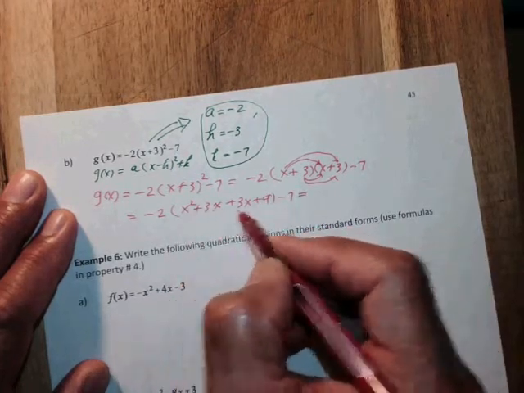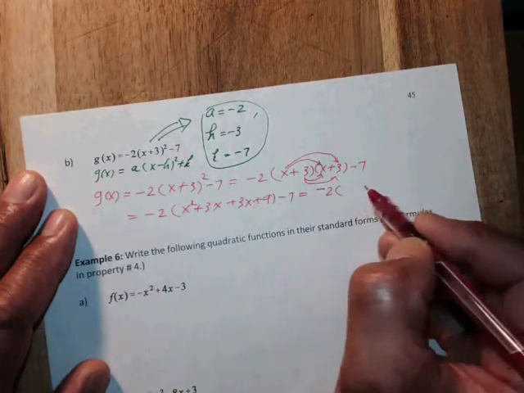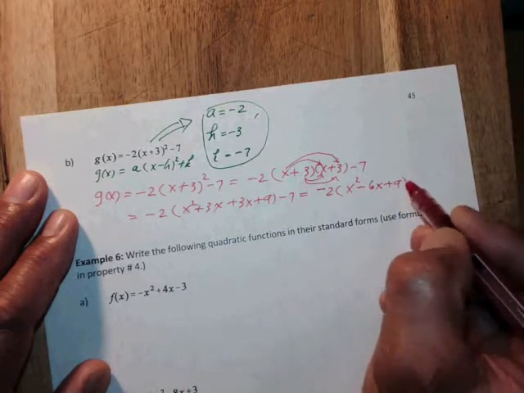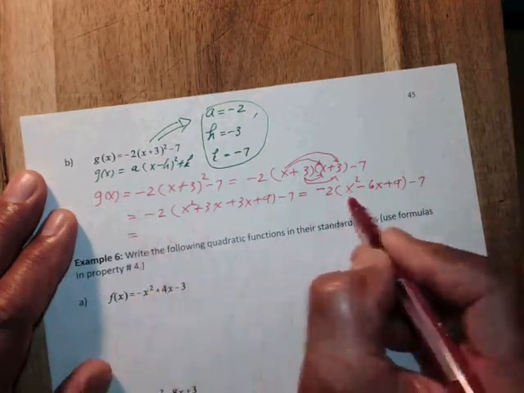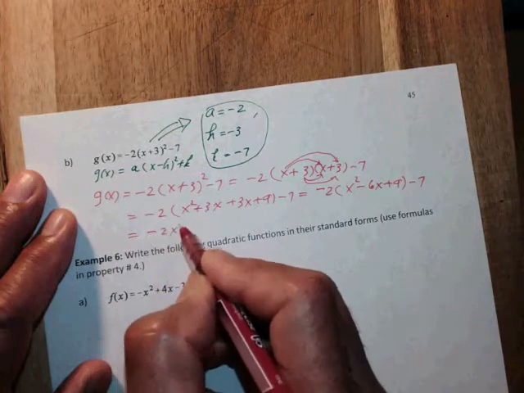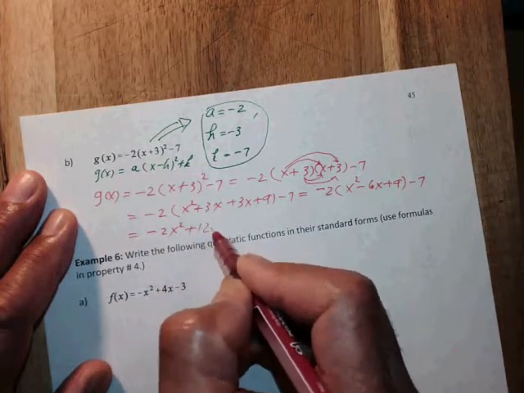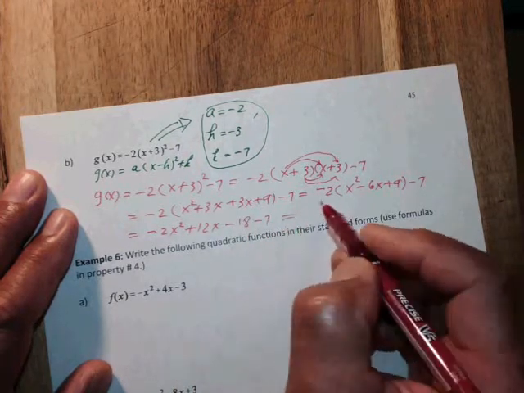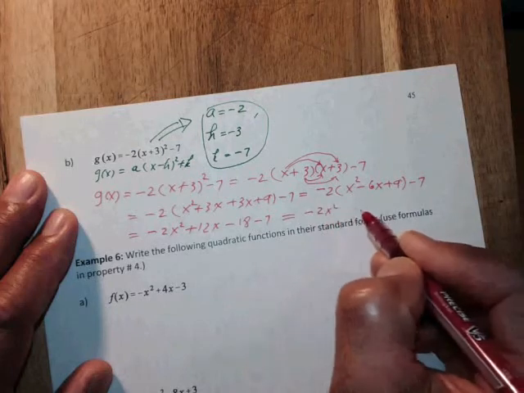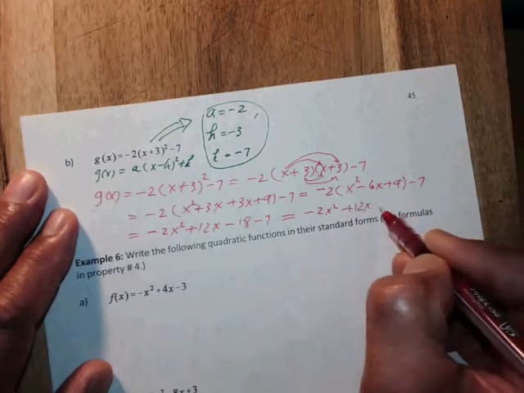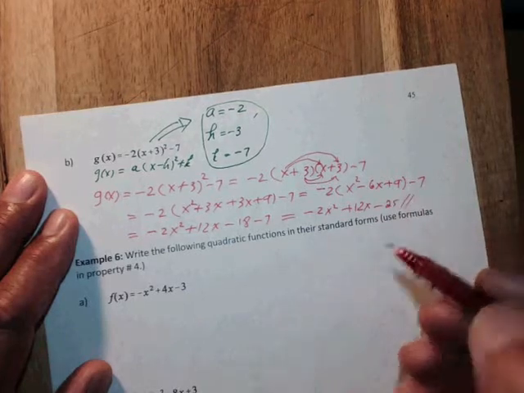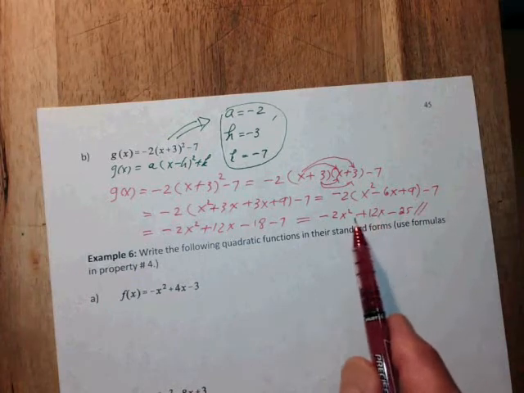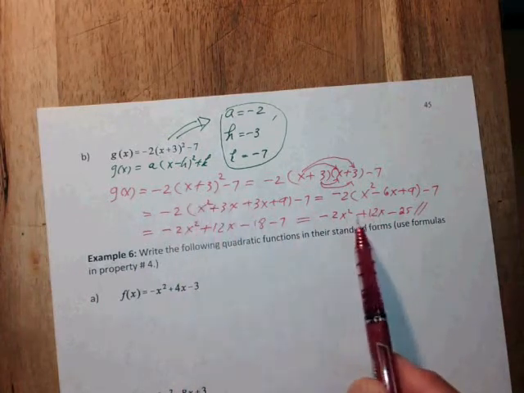If you multiply, you have negative 2 times x squared plus 6x plus 9, minus 7. Multiply this negative 2, you get negative 2x squared minus 12x minus 18, minus 7, and finally negative 2x squared minus 12x minus 25, and that's it. So this is the general form. Standard form, general.